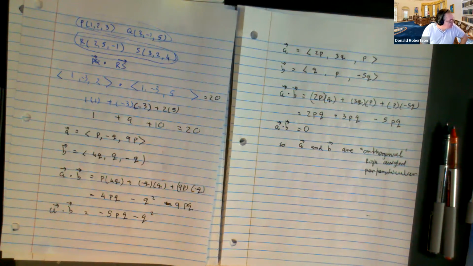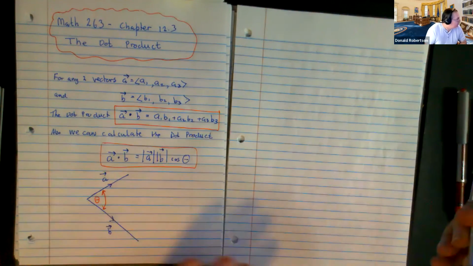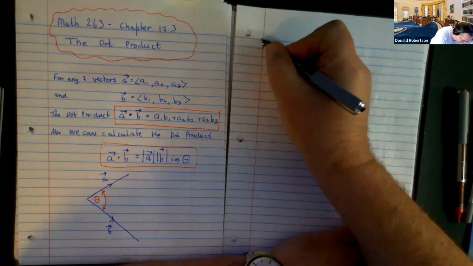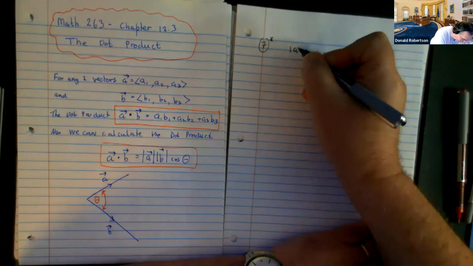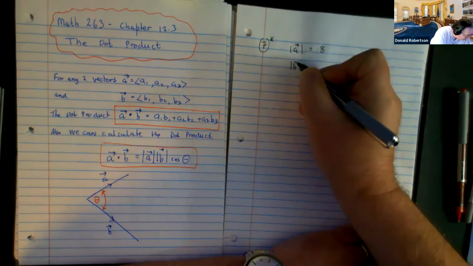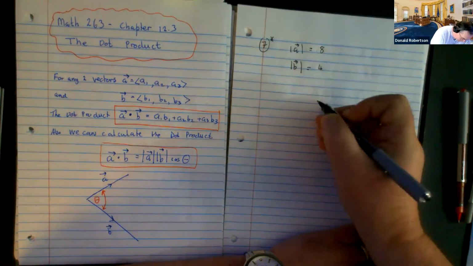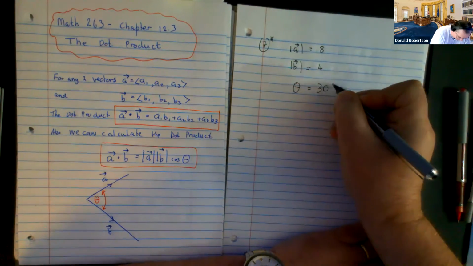Okay. So let's move on to calculating dot products using this formula. So a nice easy one would be, an example of that would be question 7, where you're told the magnitude of A is 8. You're told that B is 4 and that the angle between them is 30 degrees.